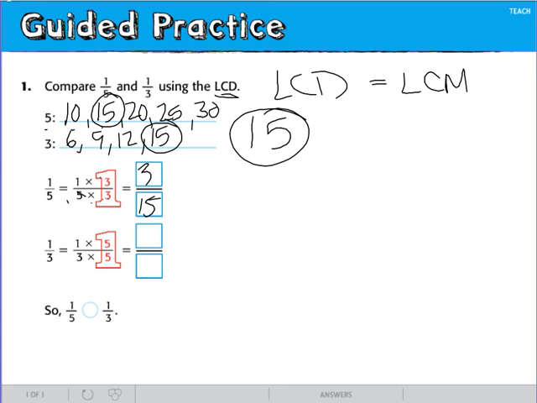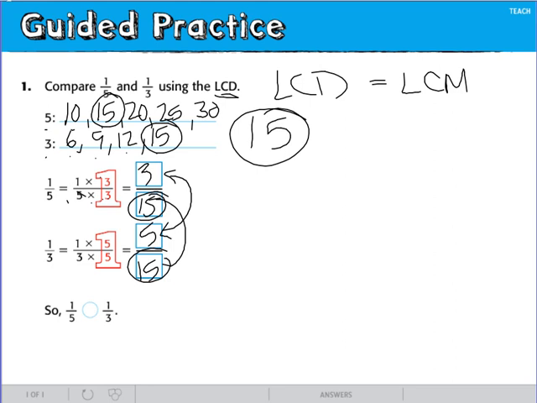And then I go to my 1/3 and I say 3 times what equals 15? Well, 1, 2, 3, 4, 5. So 3 times 5 equals 15. 1 times 5 equals 5. The 15s are here. They're the same now. So the only thing I'm comparing are the numerators 5 and 3.